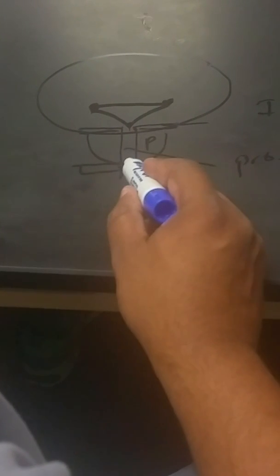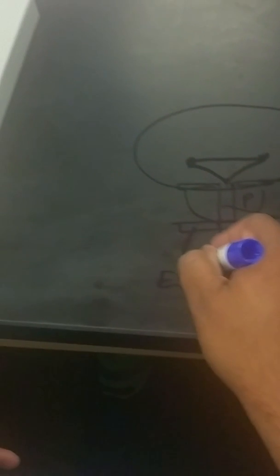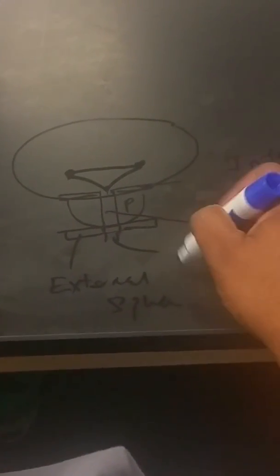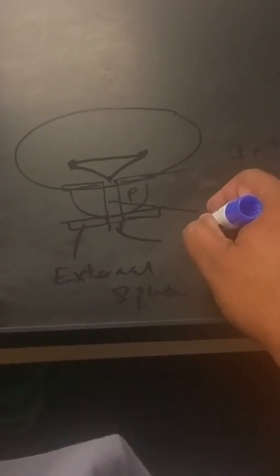On the outside, once it passes this external sphincter, we'll say that that is called the membranous urethra. Okay? Alright. Where's the orifice? The orifices we have here, here. The orifice is just an opening, but it's called urethral openings.